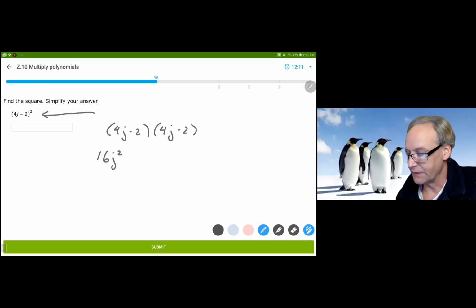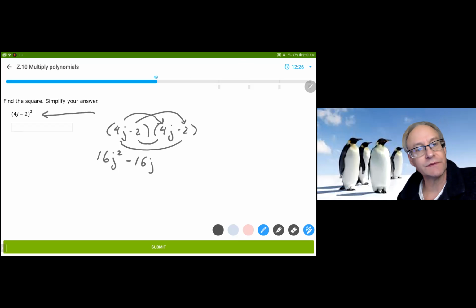My middle terms are going to be minus 8j and a minus 8j. When you add those two together, you get minus 16j. And my last term, notice, and this is my first terms, my last terms give me -2 times -2, which is +4.